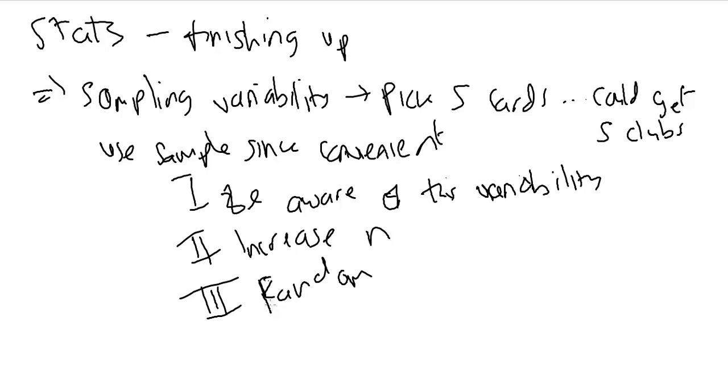And if you just pick the first 5 cards, the probability that they are all diamonds, or that they're all from the same suit, is far greater. While if you randomize, if you were to either shuffle the pack or just randomly pick your cards from the pack, then you should get a more representative, unbiased representation of the entire population, of the entire collection of cards.